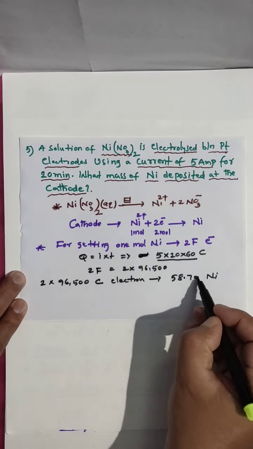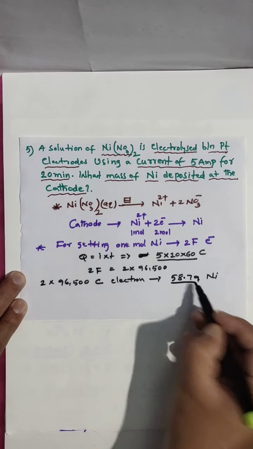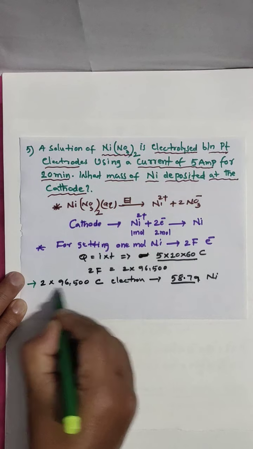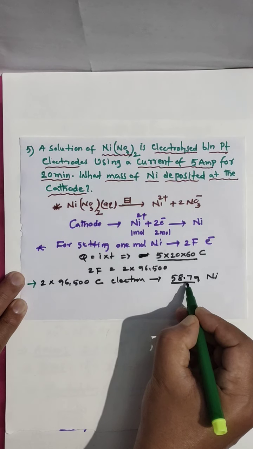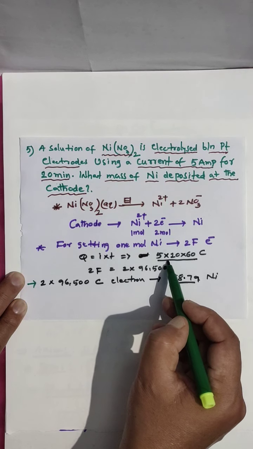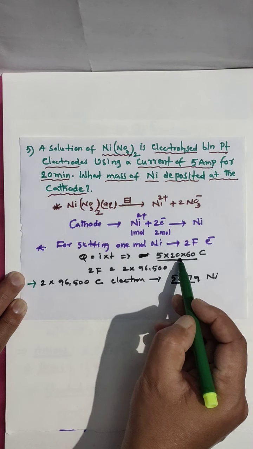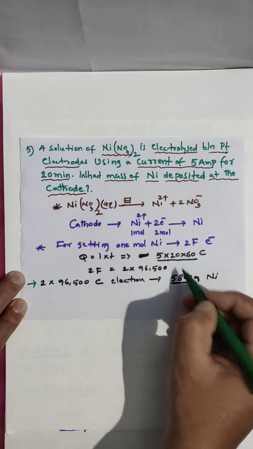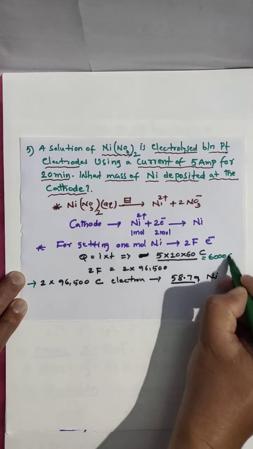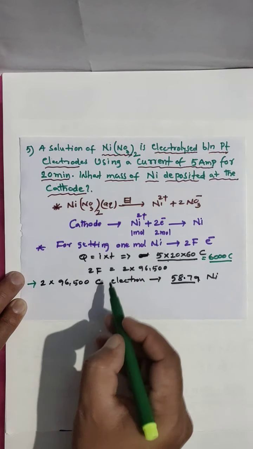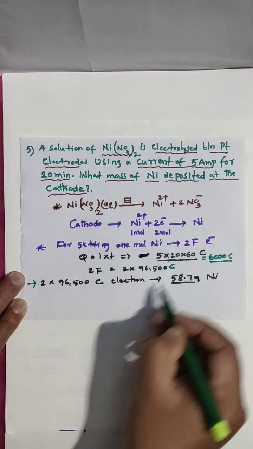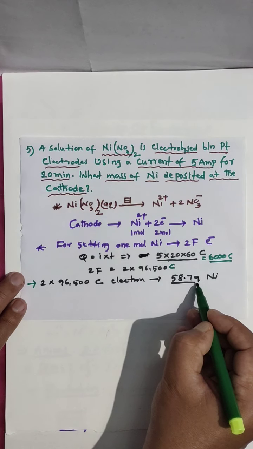This is the mass of nickel. So this much charge we need to get this much. But how much did we get here? 5 into 20 into 60, nearly 6,000 coulombs. For 2 into 96,500 coulombs, we get this much nickel.